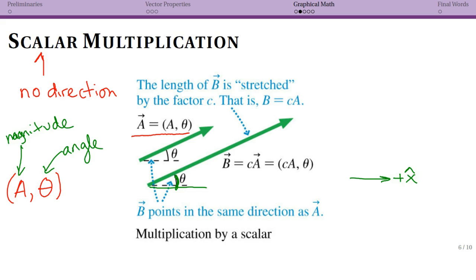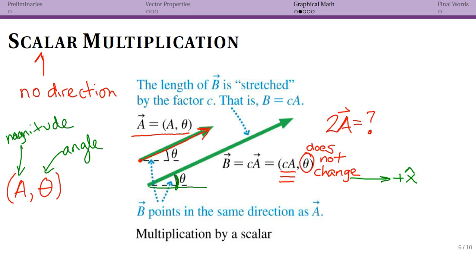So if I want to take my vector A, which is just this guy here, and multiply it by some constant, say 2. If I want to say, what does 2A equal? Well, it's going to be twice as long, and it's going to have the same direction. So your direction does not change, but your magnitude does in kind of the obvious way, as long as we're talking about a positive scalar.